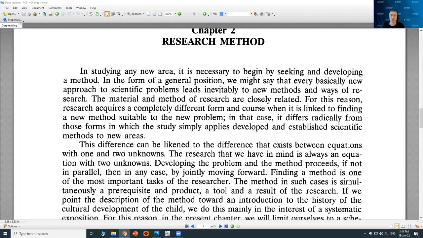Good, very good. Sharon, you have a question? Not so much a question. I was just picking up on John's analogy of transport, because I'm thinking of a new approach to scientific problems. I'm thinking of cars, and the new approach to the design of cars is electric, and that has required new ways in which to produce the cars, and also different ways in the line of production to create those cars.